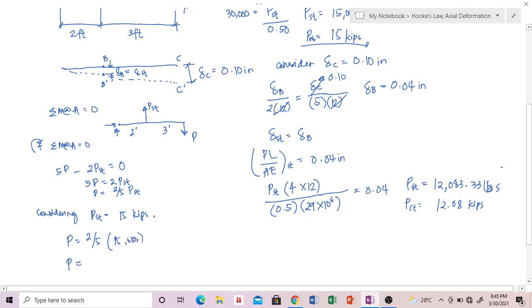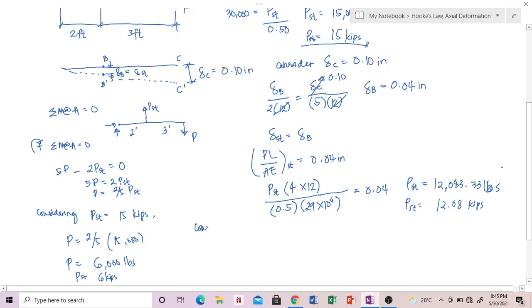Therefore, P is equal to 6,000 pounds, or 6 kips.